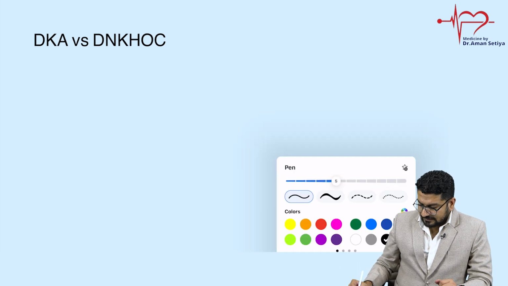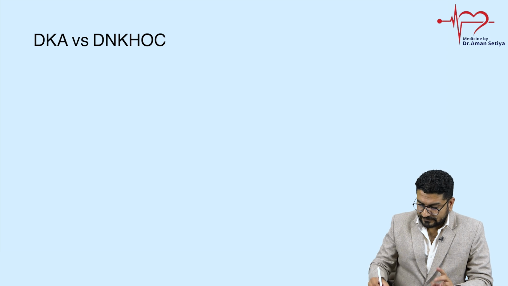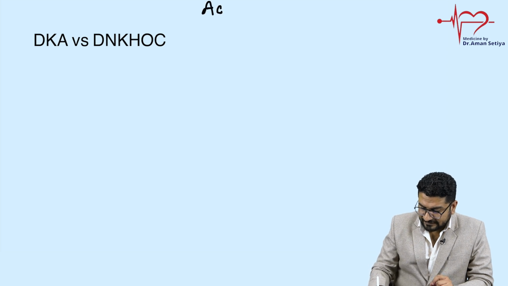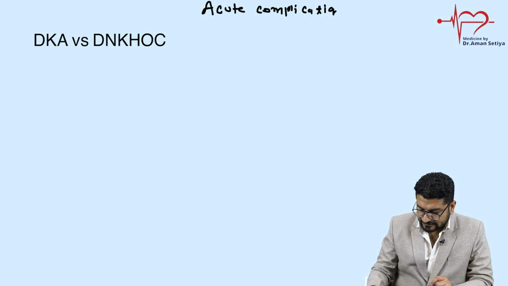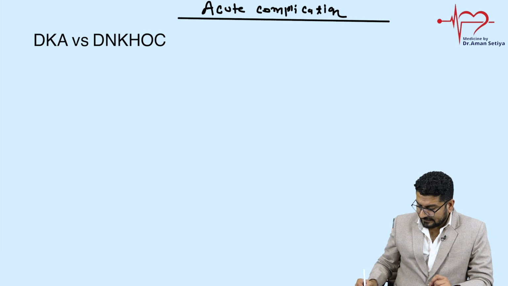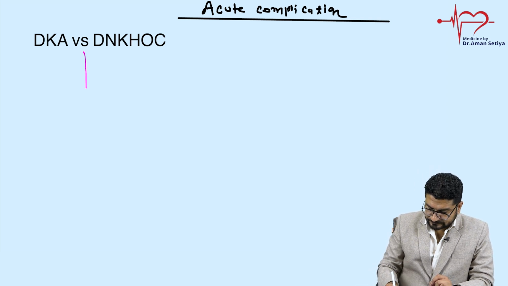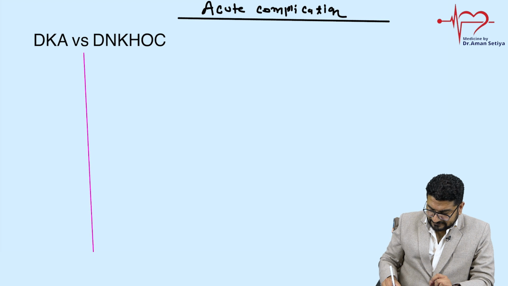Now in diabetes, I talk about 2 important acute complications, or I can say emergencies. First is DKA, diabetic ketoacidosis, and second is diabetic non-ketotic hyperosmolar coma. Just try to understand these 2 complications.